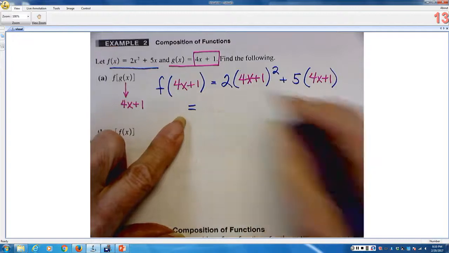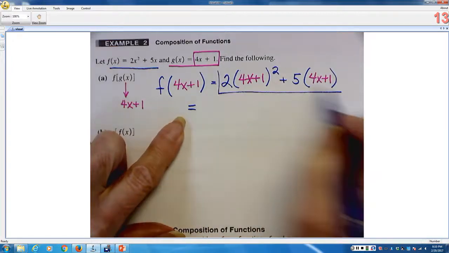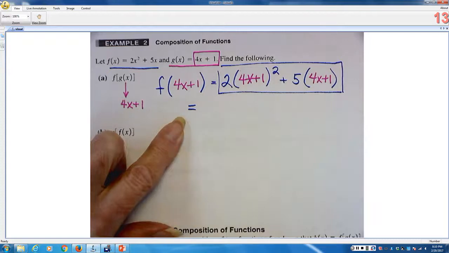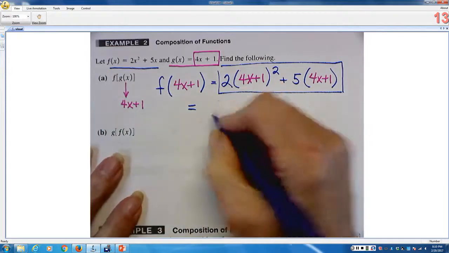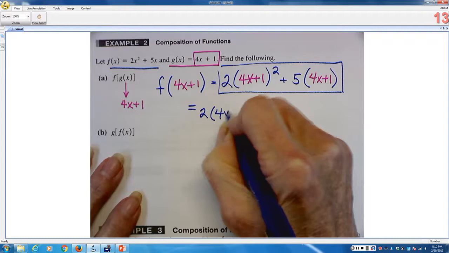So that's going to be, actually, this is just fine. If you want to simplify it, you can. If you're going to simplify it, then you're going to have to do quite a bit of algebra.